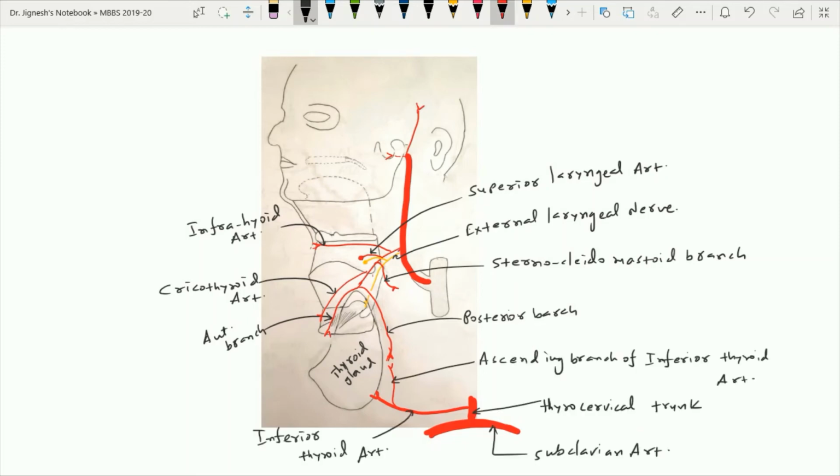And sometimes lateral branches are also there from the terminal portion of the superior thyroid artery to supply the lateral aspect of the gland. So this is the superior thyroid artery along with its branches.